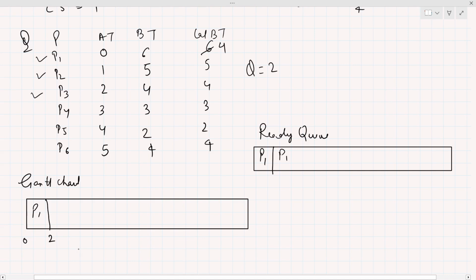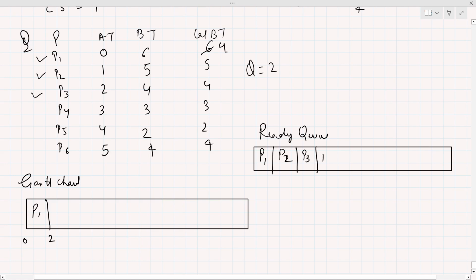And at 2, P1 leaves the CPU. Till 2, two more processes are available, P2 and P3. So first of all, we have to add P2 and P3 in the ready queue according to the arrival time. P2 comes first in the ready queue, and then P3 comes, so P3 gets in the ready queue.